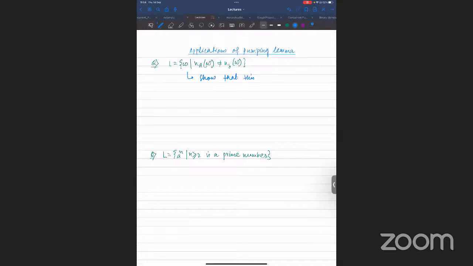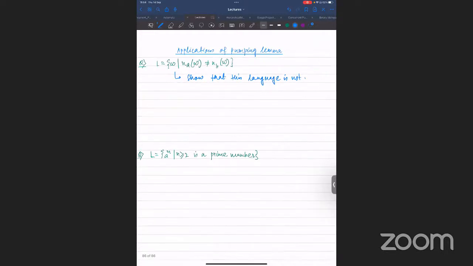Can you do it without using the pumping lemma, in some other way? Some closure property. Very good. The point I'm trying to make is that whenever you see something, it's not necessary that you always have to apply the pumping lemma. You can use a mix of pumping lemma and closure properties. So what can you do?